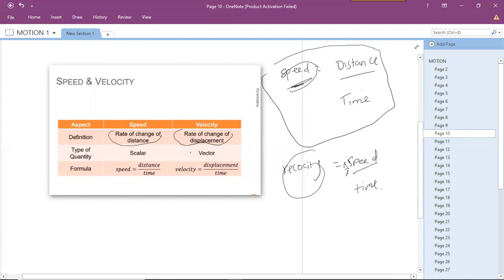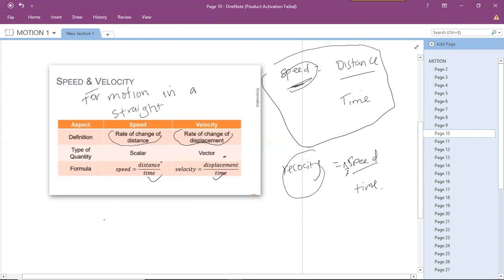But these definitions mean for motion in a straight line. So when you see these definitions, please don't get confused. There is not much of a difference between speed and velocity for motion in a straight line. The only difference would be the numerator: one specifies distance, the other specifies displacement.